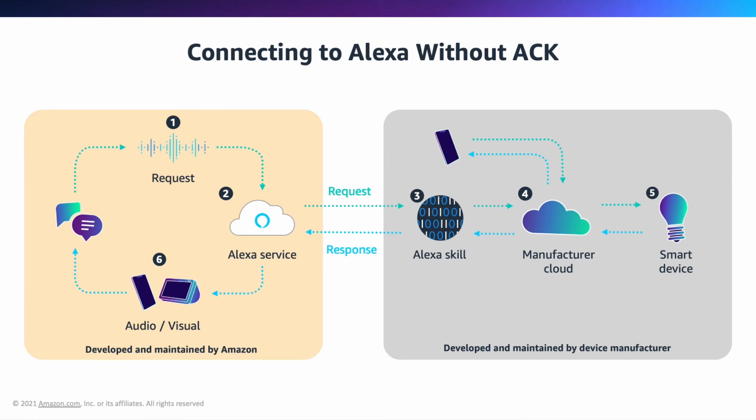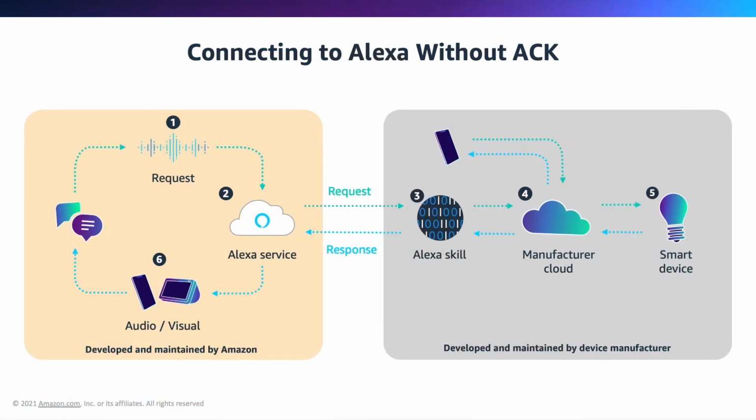So, what is ACK? First, let's look at how smart devices are connected to Alexa with Alexa Skills Kit. A voice command, such as "Alexa, turn on the light," gets captured by an Alexa built-in device. The utterance gets sent to Alexa services, where it's recognized and transformed into an Alexa directive, in this case, the power controller's turn on directive.